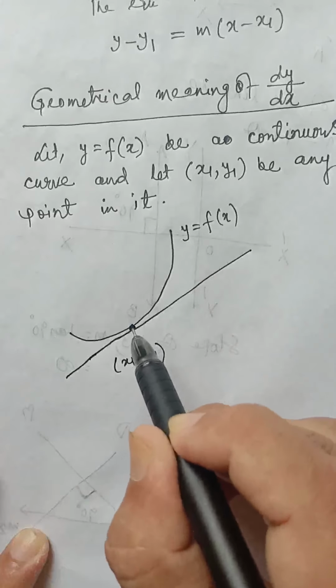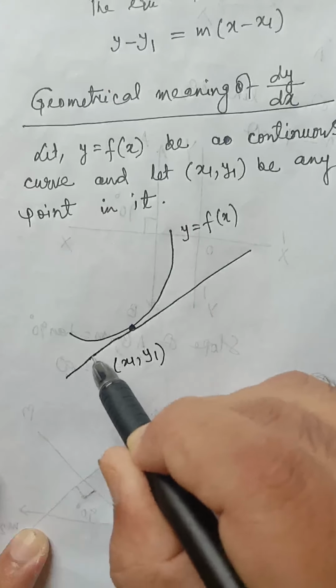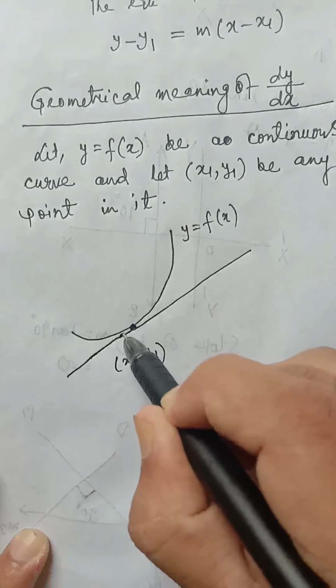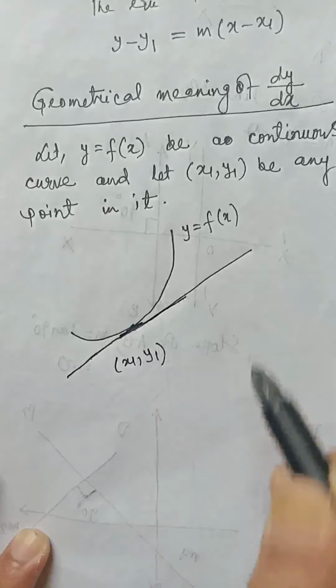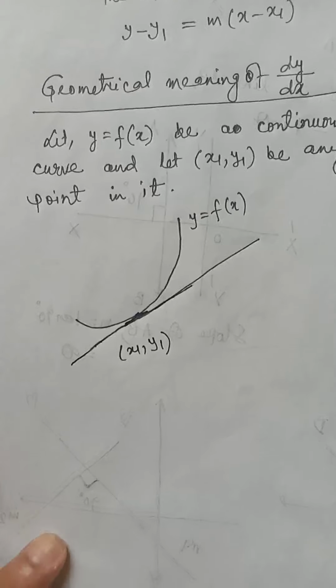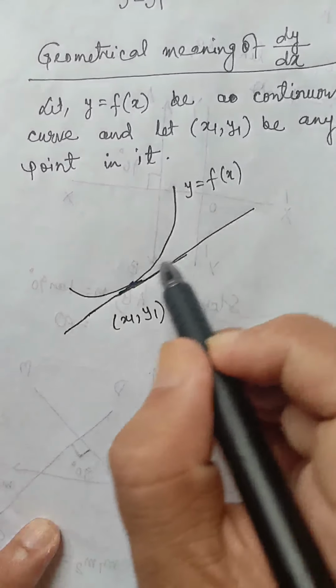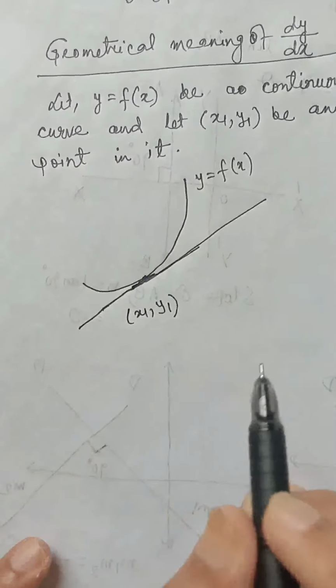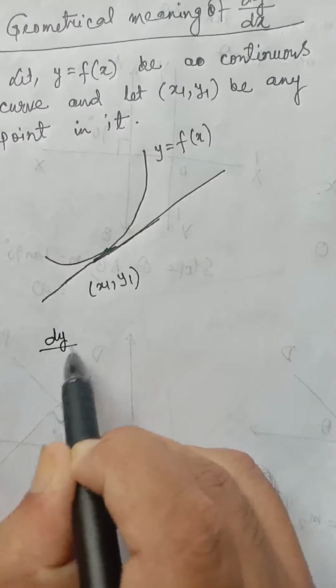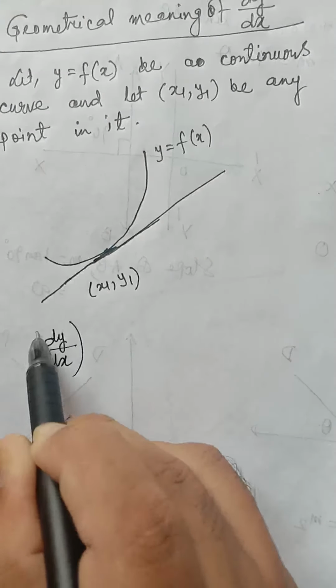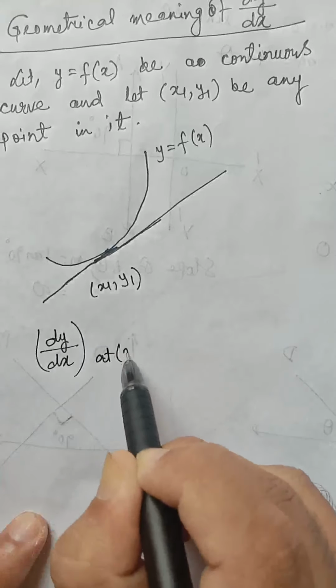So y equal to f of x is any given curve and x1, y1 is any point on it. At x1, y1, a tangent is drawn to the curve. This line meets the curve at one point. Now the slope of this tangent will be dy by dx at the point x1, y1.